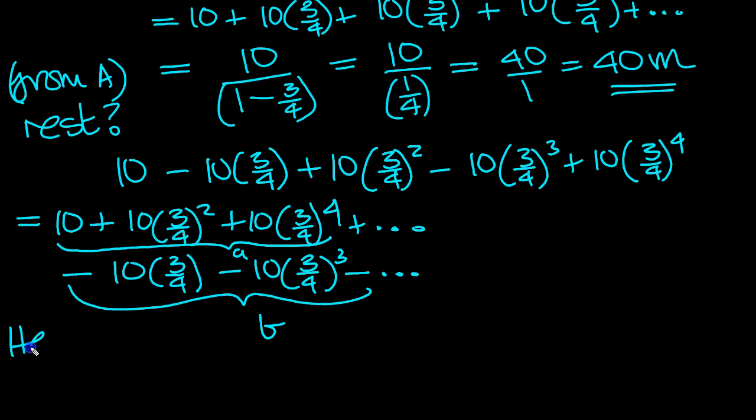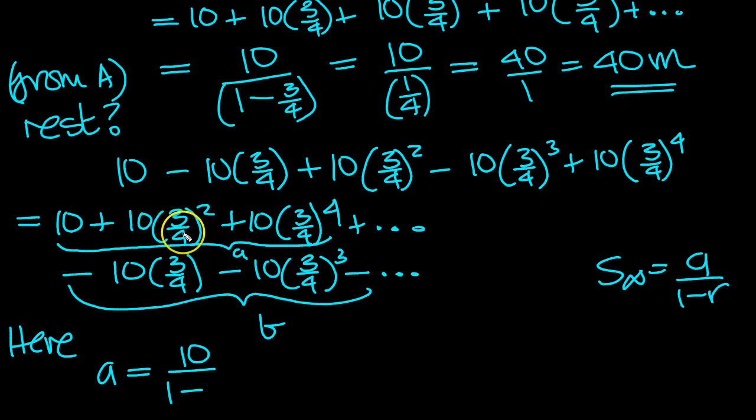So here, the sum of A is an infinite sum. The first term is 10. The sum of an infinite sequence, let me just write it down again, is a over 1 minus r. So as far as this sum is concerned, it's 10 over 1 minus the common ratio. You're timesing 10 by 3/4 squared, and then another 3/4 squared to get this term, aren't you?